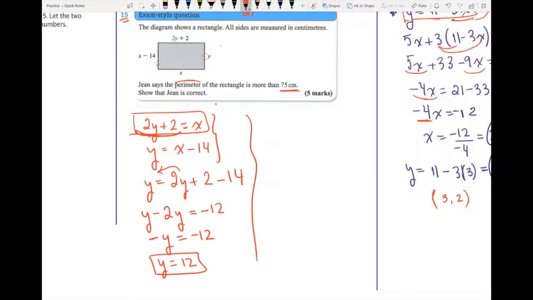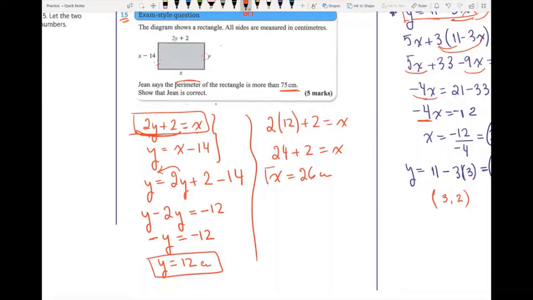So 2 times 12 plus 2 is x, so 24 plus 2 is equal to x, so x is equal to 26 centimeters. So y is 12 and x is 26.